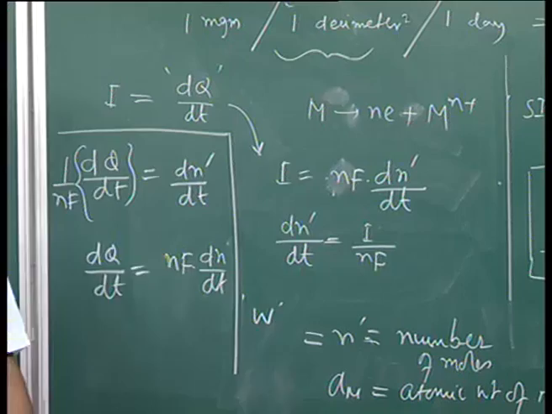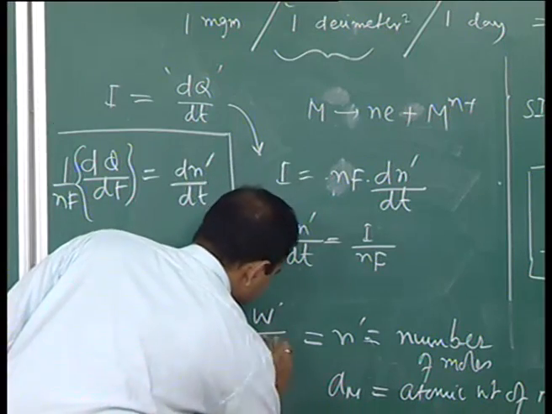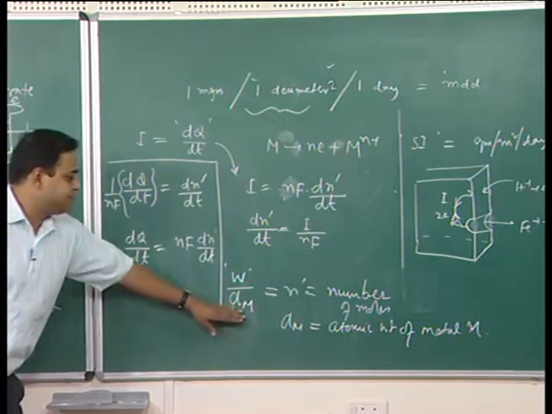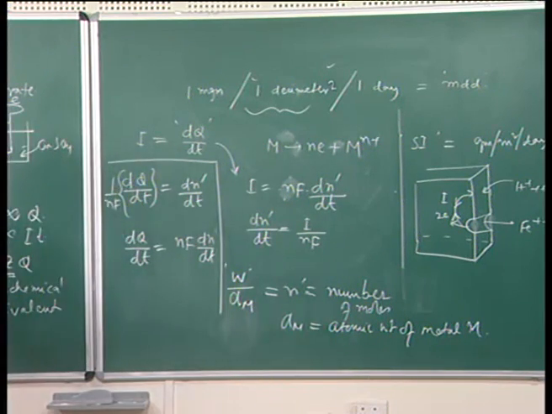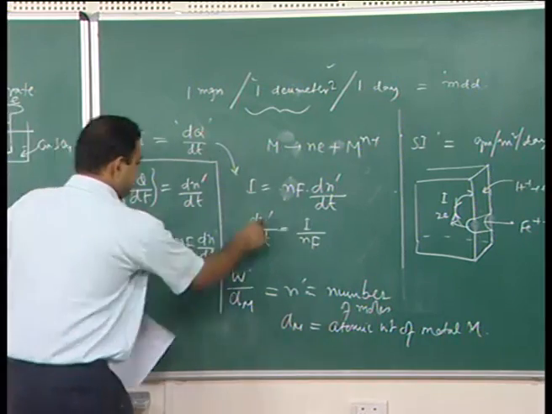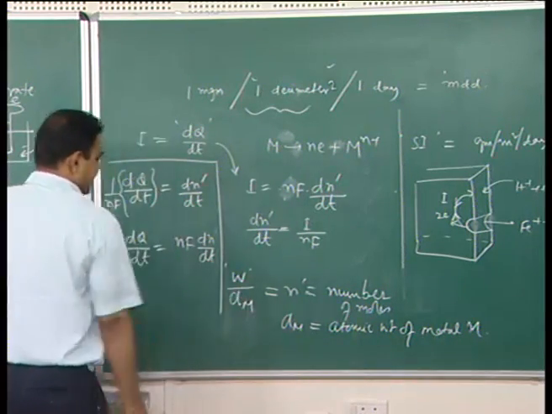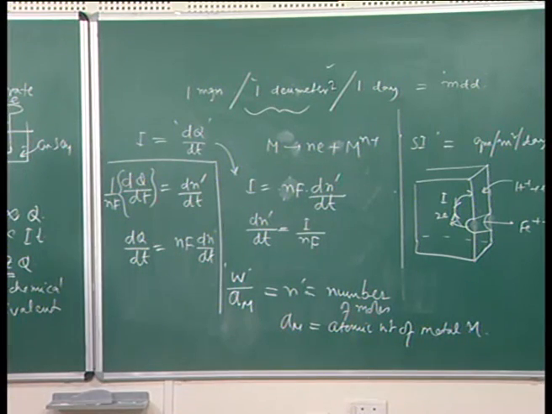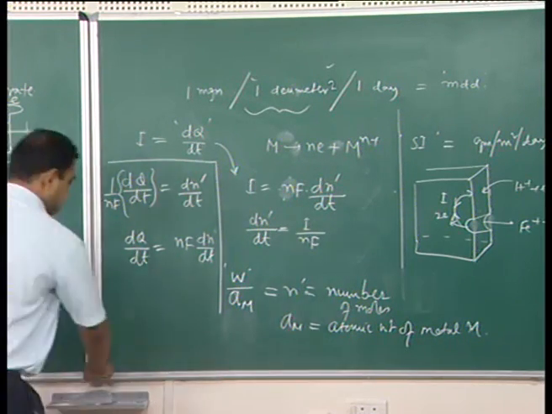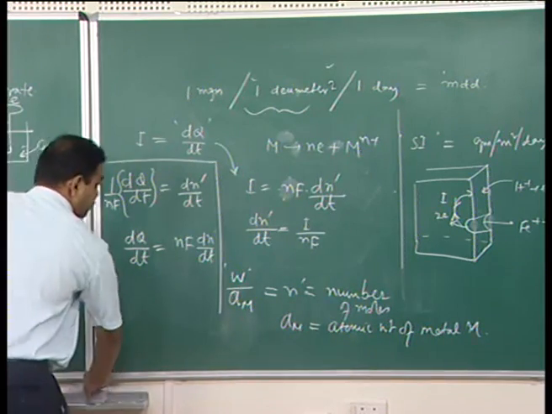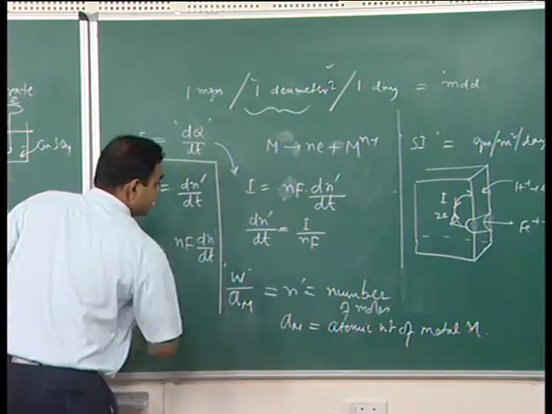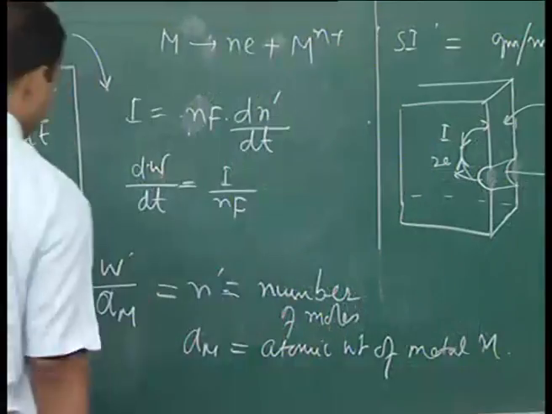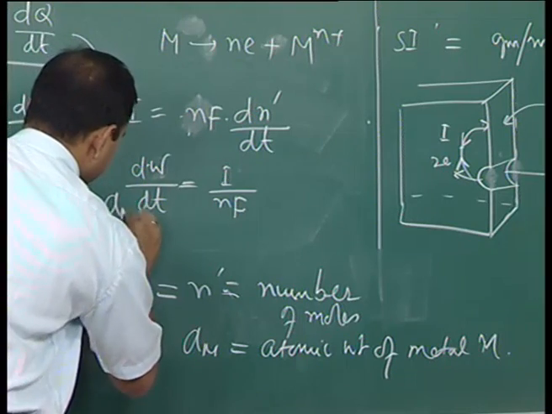If W is my weight loss, then the number of moles would be W divided by AM, where AM is the atomic weight of metal M. So, I can replace N dash with W divided by AM.